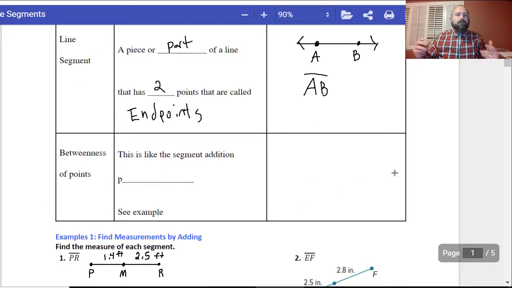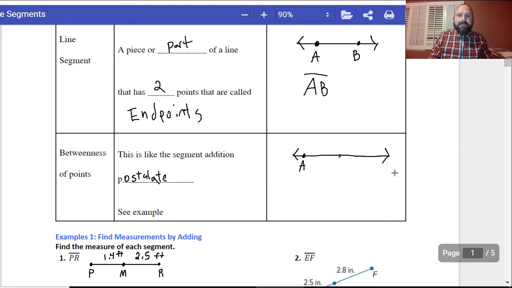Now, another vocabulary word we're going to learn about is the betweenness of the points. So this is like the segment addition postulate. So what is this? Well, basically, if we have a line and we have A, B, and C, and B is in between A and C, we should understand that AB plus BC should equal the total, AC.